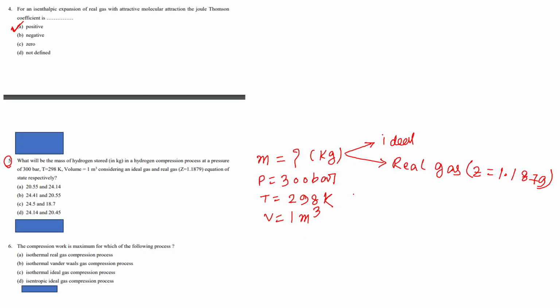So our formula is the ideal gas formula, PV equals mRT.